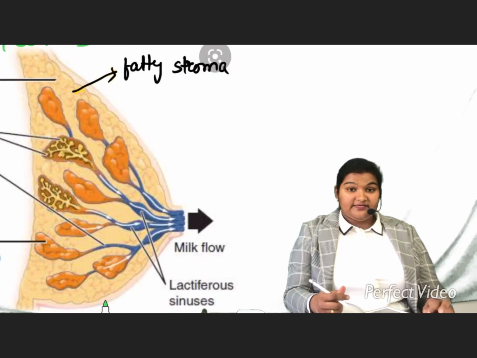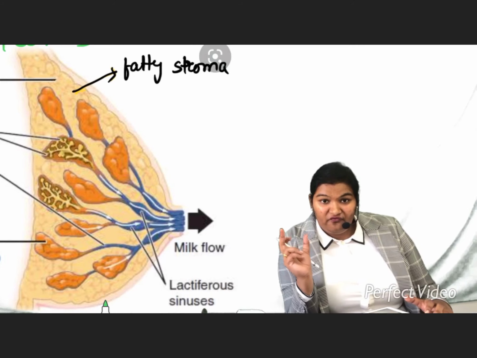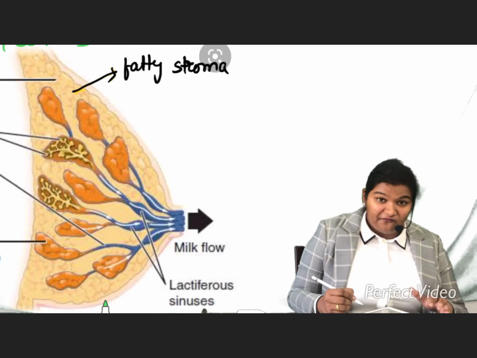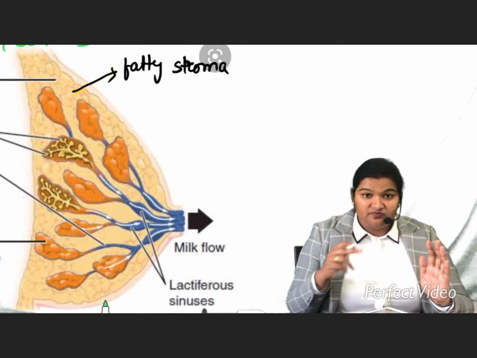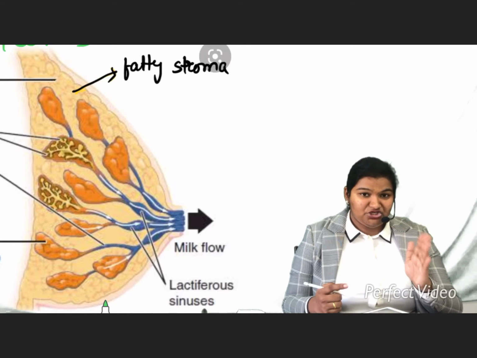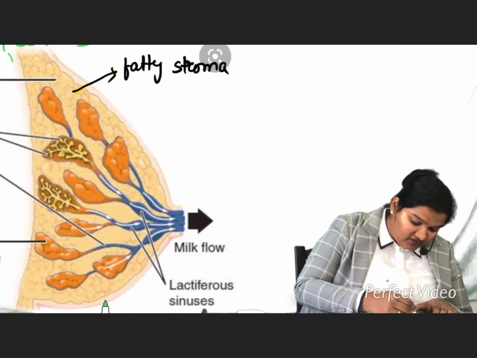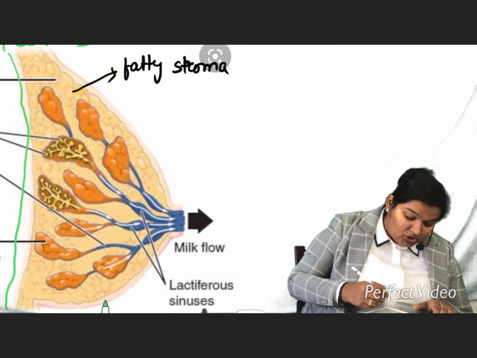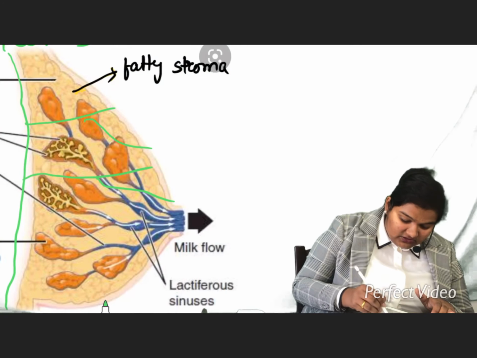And there are some ligaments called the suspensory ligament or ligament of Cooper, which connect the structures present in the breast from the fascia, deep fascia, and the skin of the breast. So here we have the deep fascia. Okay, so these are the ligaments. Okay, the ligament of Cooper.